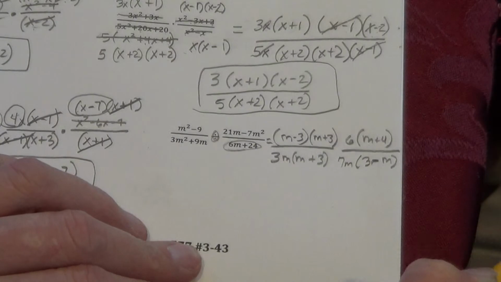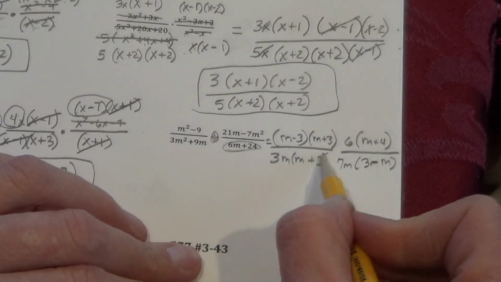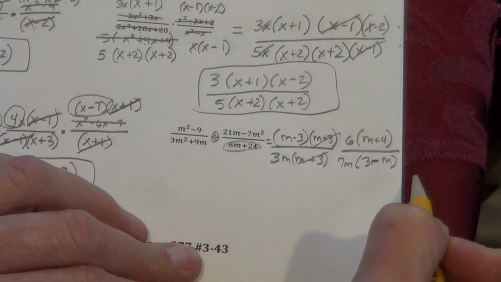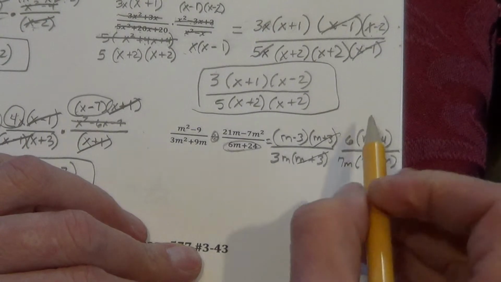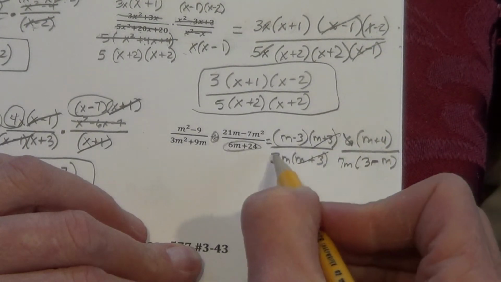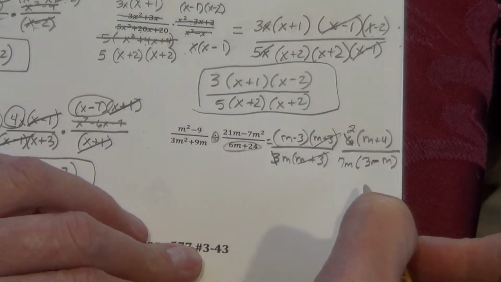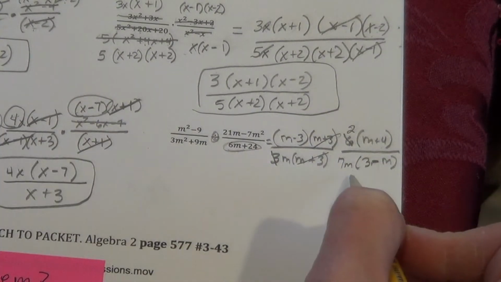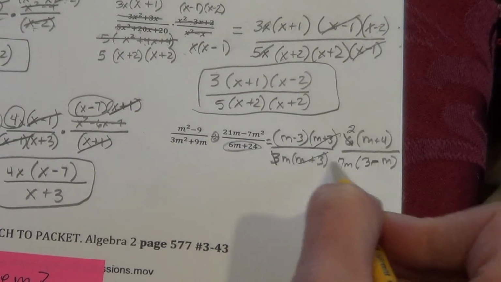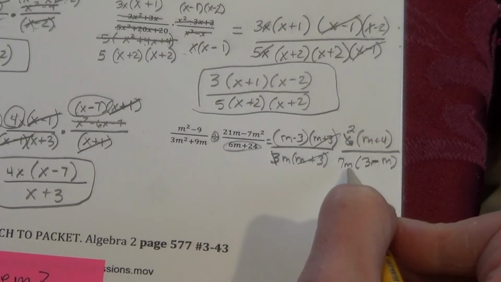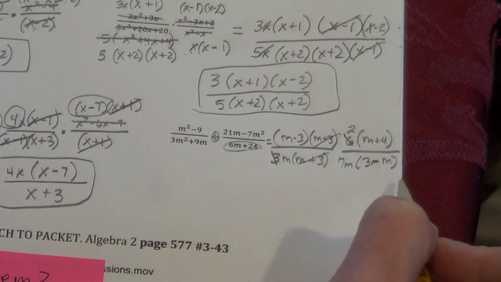So identical factors we can cancel: m plus 3, m plus 3. 6 and 3 would go in there 2 times. We've got an m here and an m here, but they can't cancel because they're not top to bottom. Because remember, we're reducing them, not necessarily canceling.